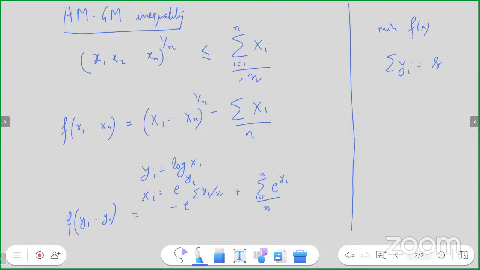So all I'm trying to do is to minimize. Okay. Now, if you want to solve for this, what do we do? At optimal, what will happen?